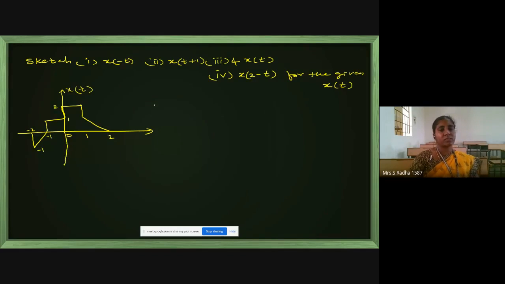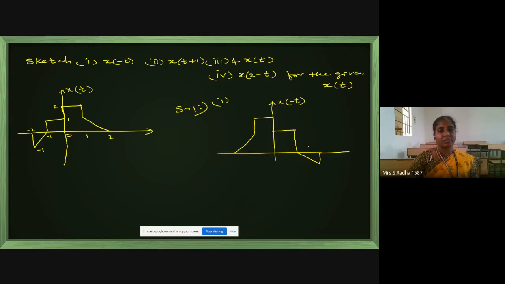Now coming to the solution, x of minus t. In the first portion, x of minus t means whatever is on the positive x-axis, you have to bring to the negative side, and whatever is on the negative side, you have to bring to the positive side.